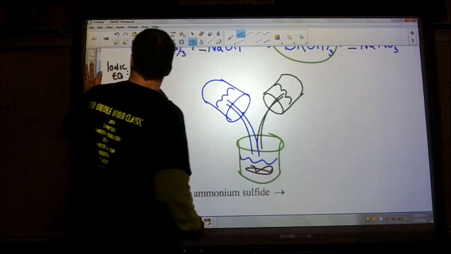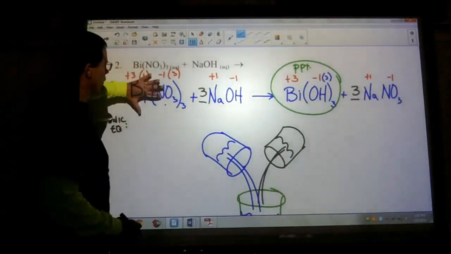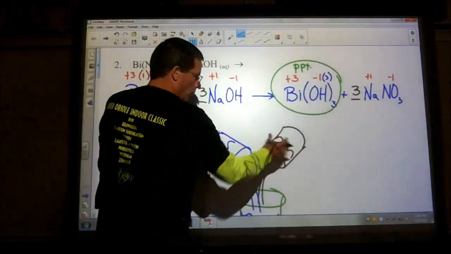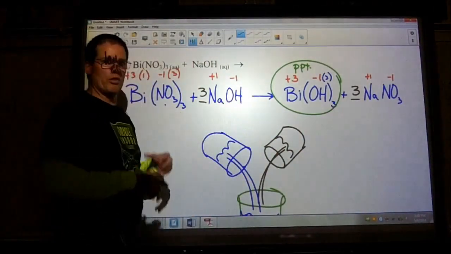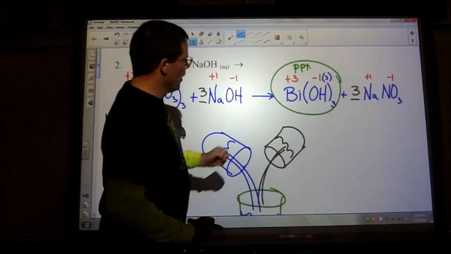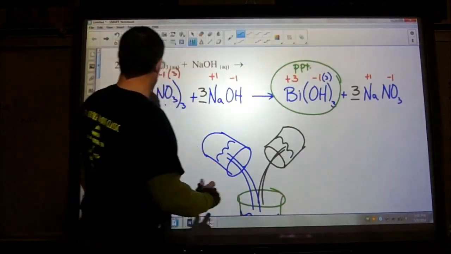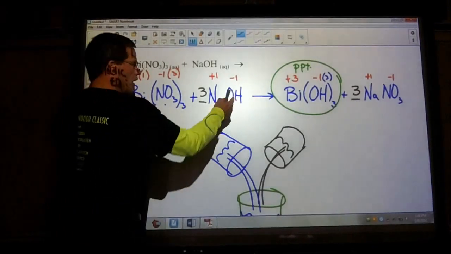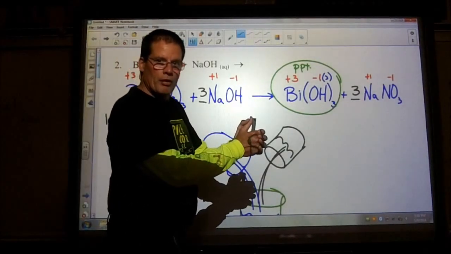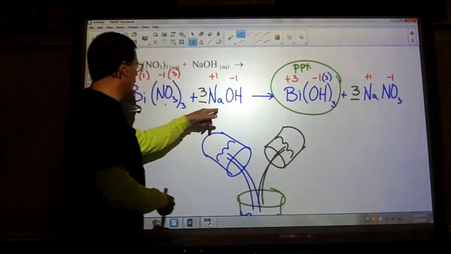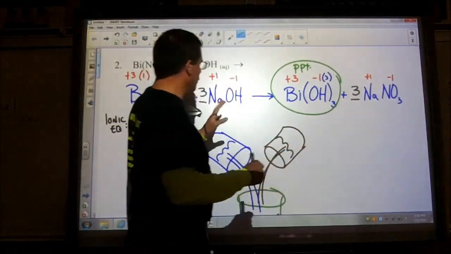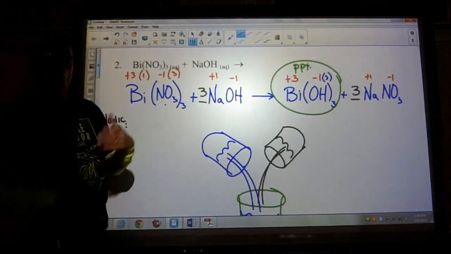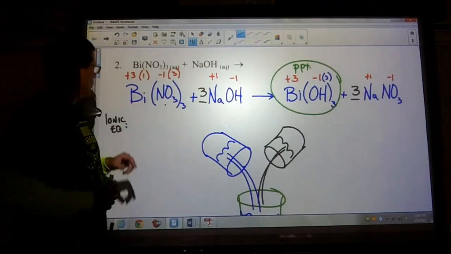So again, when you look at the reactants or the things that you start with, they are in two separate containers, and then we will mix them together. That's what the arrow represents, is a mixing process. And when these two mix together, we find out that, oh yeah, when bismuth finds hydroxide, it forms a solid or precipitate. When sodium finds nitrate, it's like, nope, nothing happens. And actually, since nothing happens, we'll give that an official title here in a few minutes.